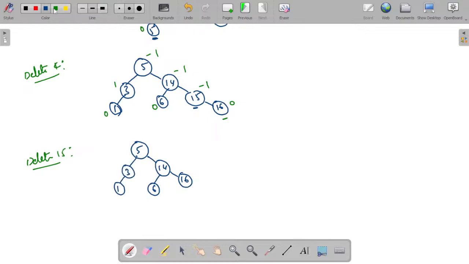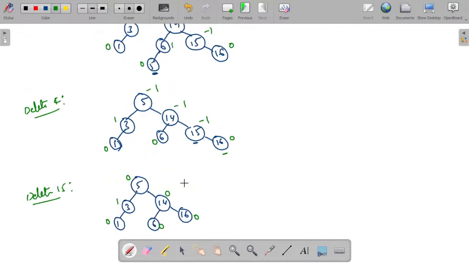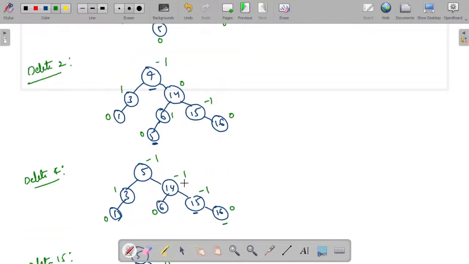So calculate the balance factors now. 0, 1 for this, 2 minus 2, 0 for this, 0 for this, 0 for this. So this is disappointing because I expected some rotation operations in this, but unfortunately we ended up with balance factors which are within the range, so which is not a win-win situation for us.